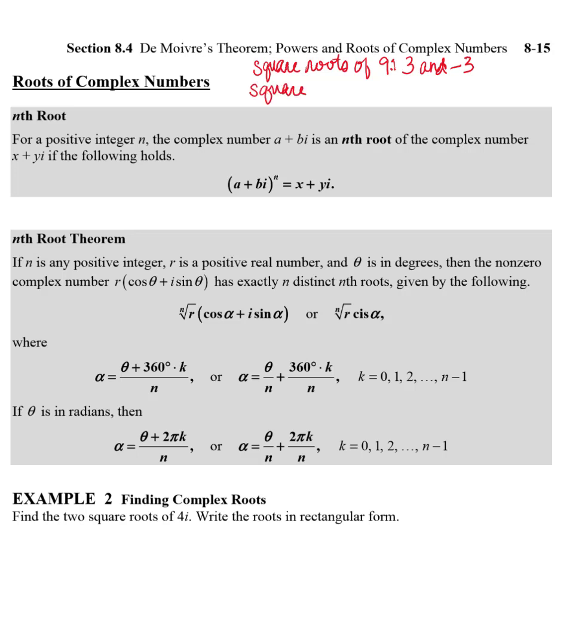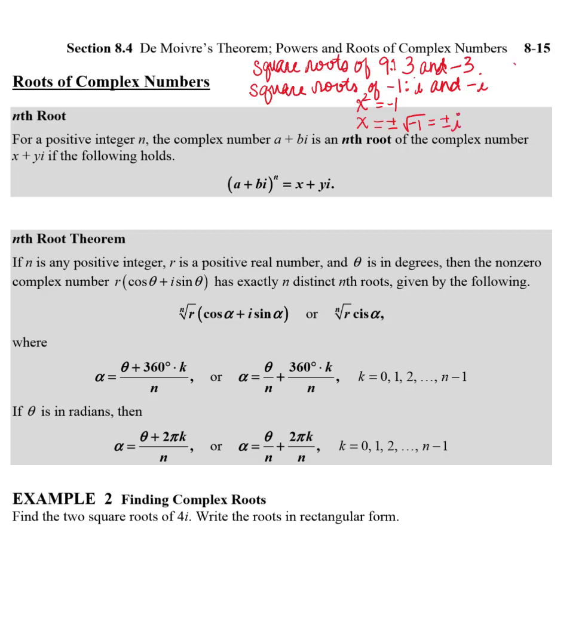The square roots of -1 are i and -i. And the reason why is because you could take x squared is equal to -1, and then if we use the square root property, x is equal to plus or minus the square root of -1, which is equal to plus or minus i.